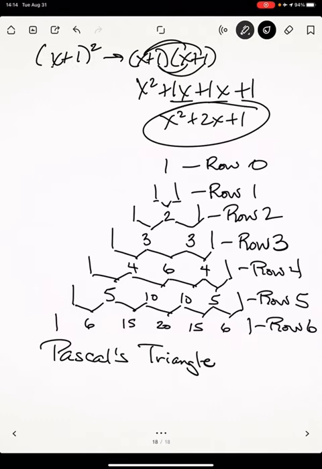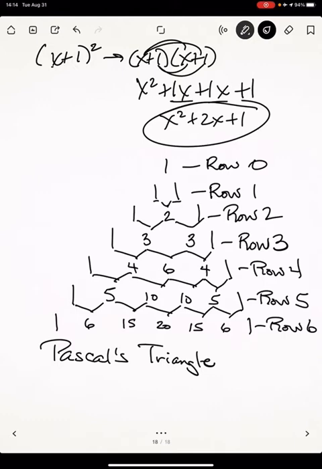Pascal's triangle allows us to take x to the third or x to the fourth power, and without having to do all that double distributing or box method, expand that binomial into its true form. If you ever forget it, always look for the numbers in your row.